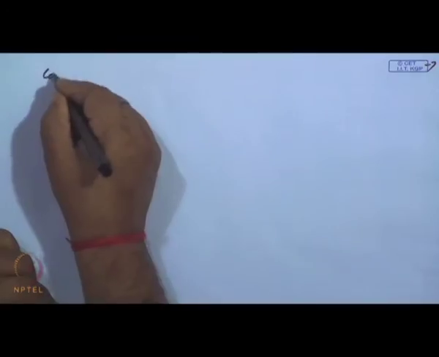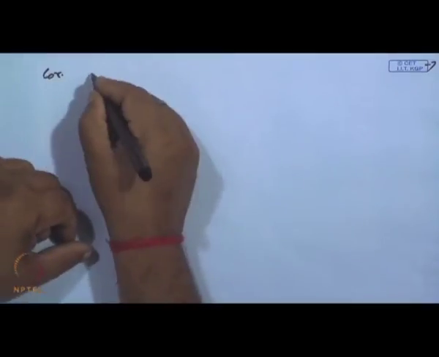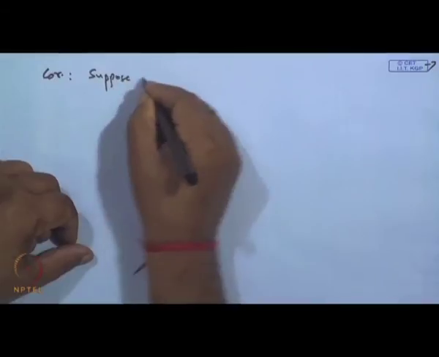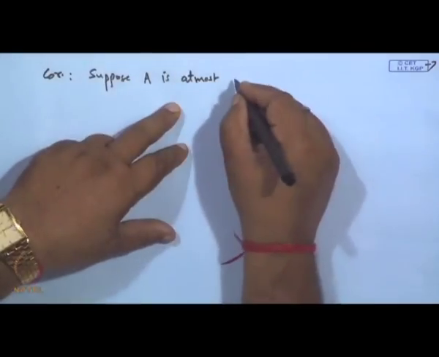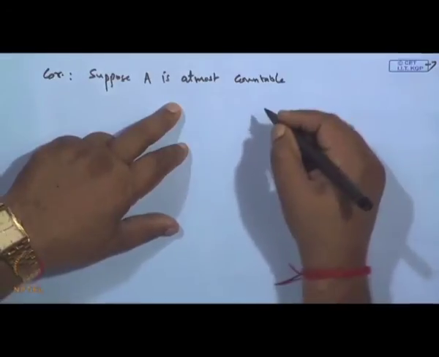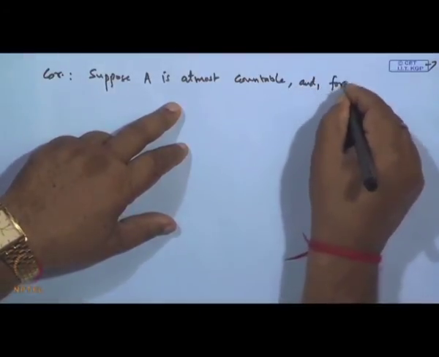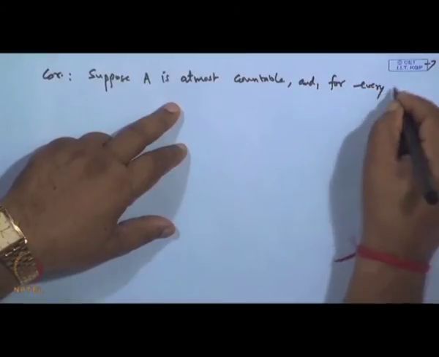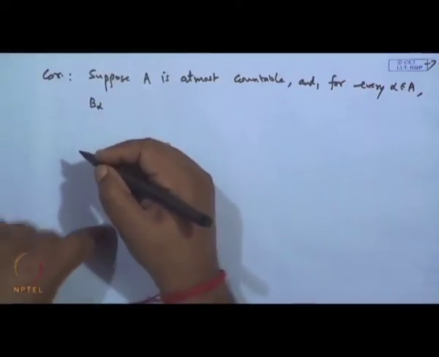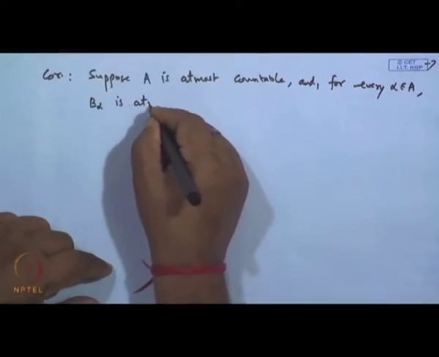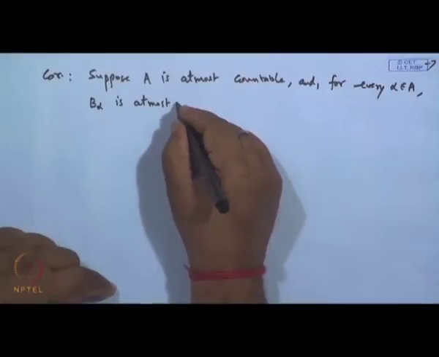Okay. Same results we can generalize. So, as a corollary we can say: suppose A is at most countable, and for every alpha belongs to A, B alpha is at most countable, which is a subset of omega.